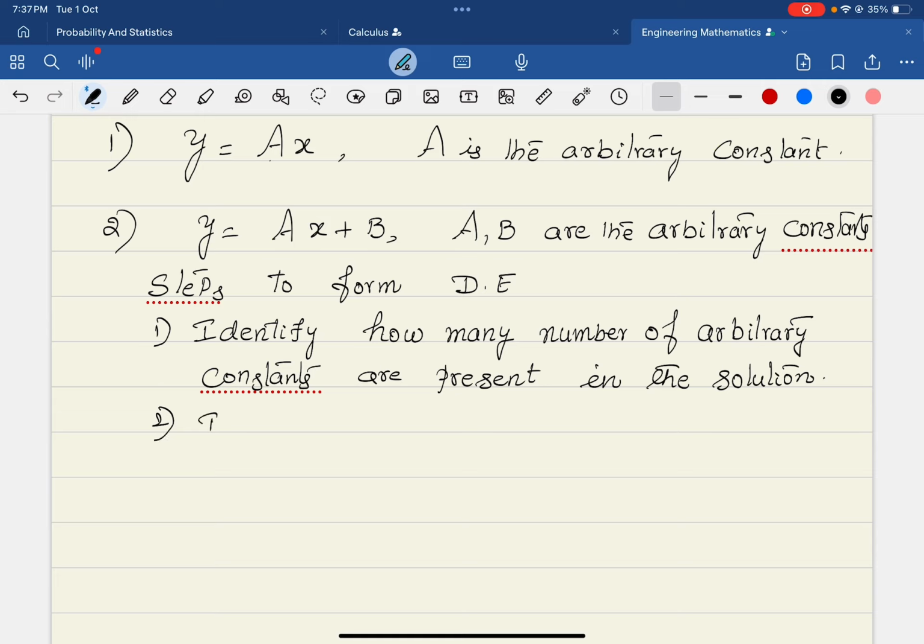If there are n arbitrary constants, then we differentiate n times.